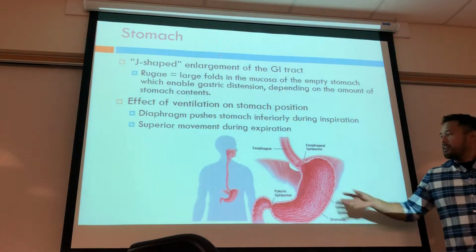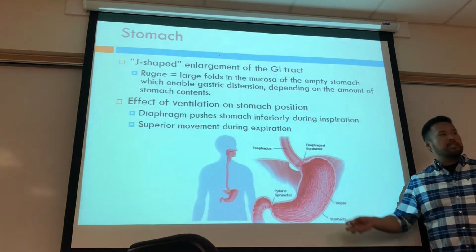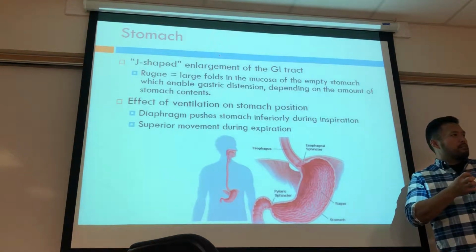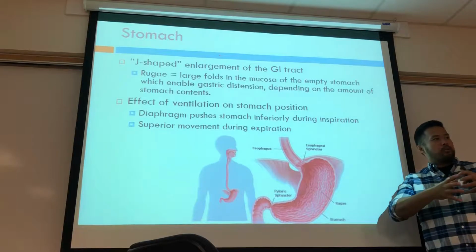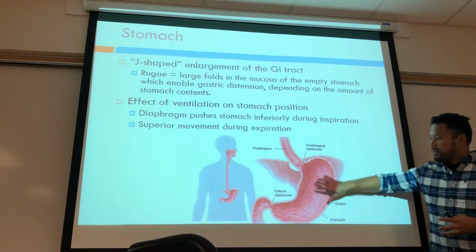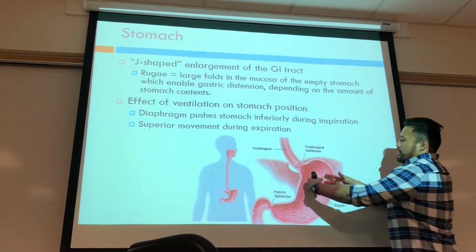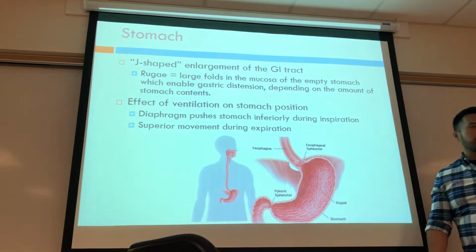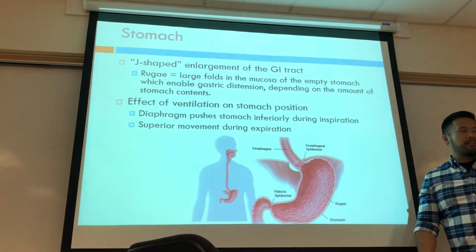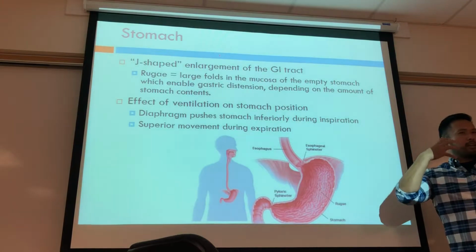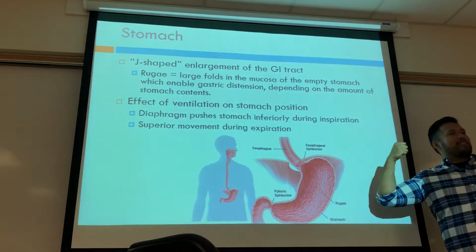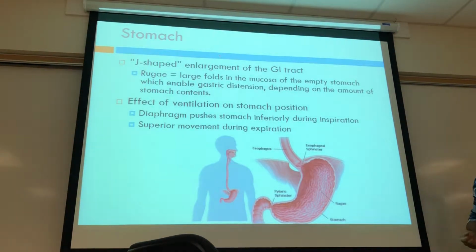In essence, an empty stomach is quite wrinkled, and in order for it to distend, the rugae allow the expansion. If you've ever looked at a pug's face and seen how wrinkled it is, and you stretch it out, that's exactly what the stomach looks like.